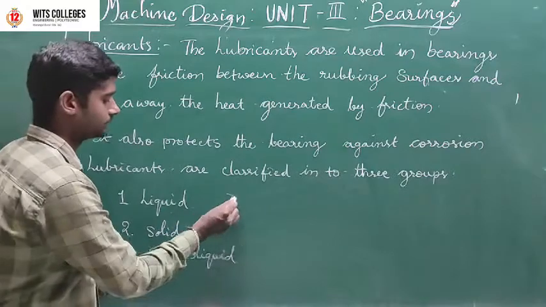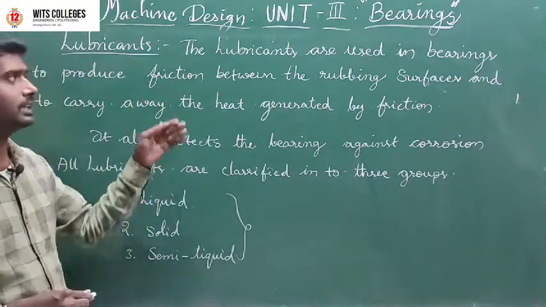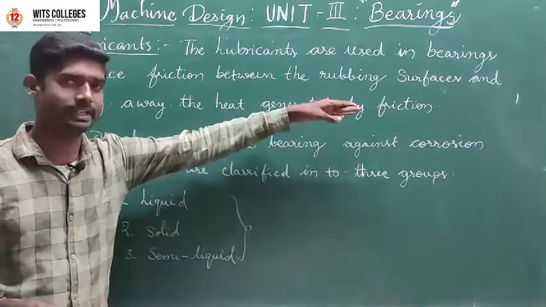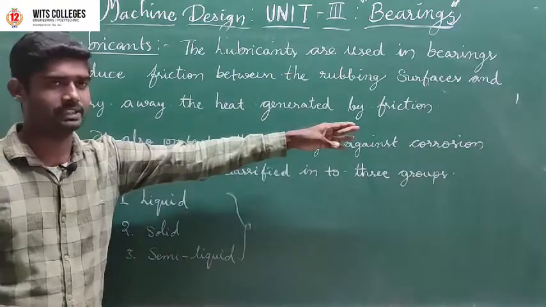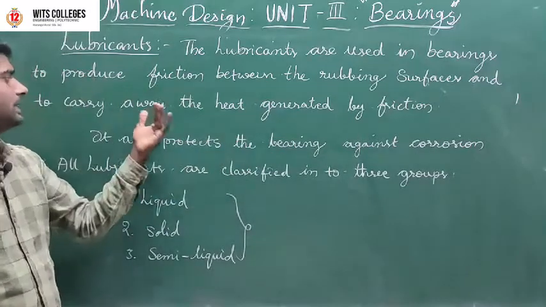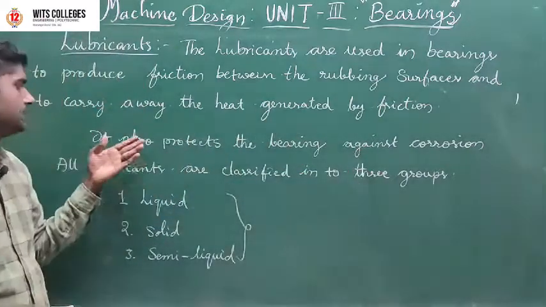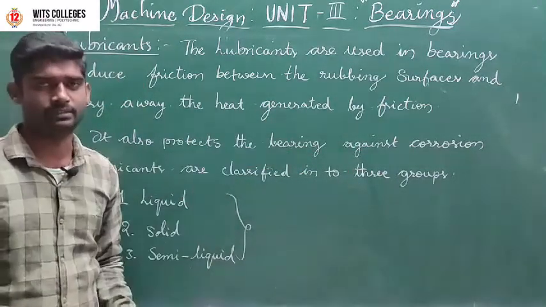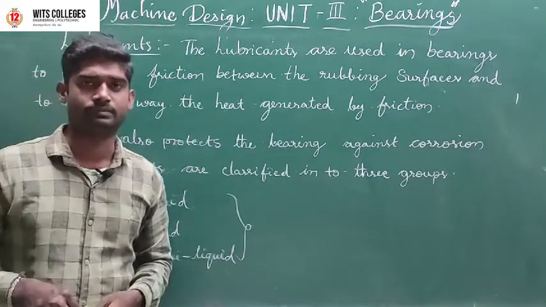These 3 are the classification of lubricants. See again, lubricants are used in bearings to reduce friction between the rubbing surfaces and to carry away the heat generated by friction. It also protects against corrosion. There are 3 groups: liquid, solid, semi-liquid.